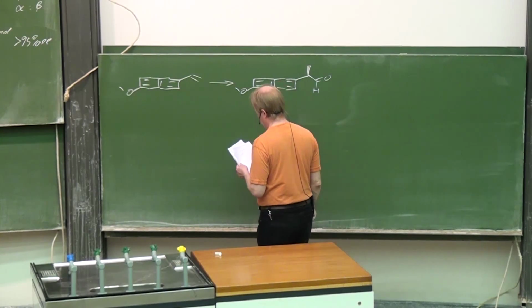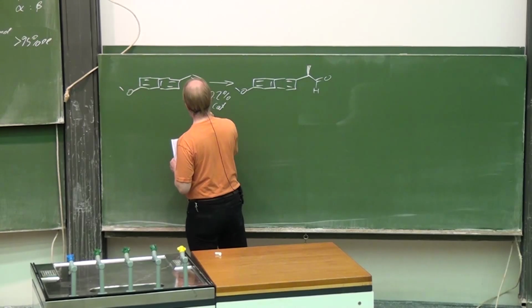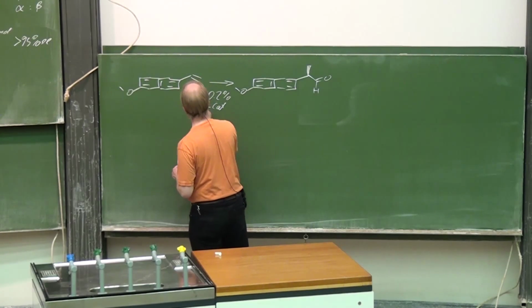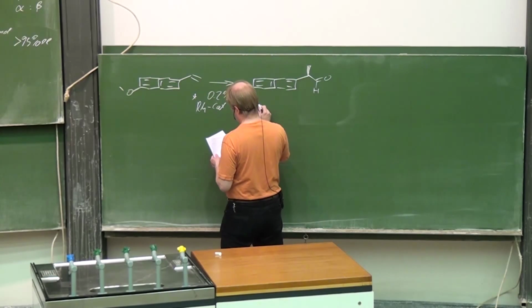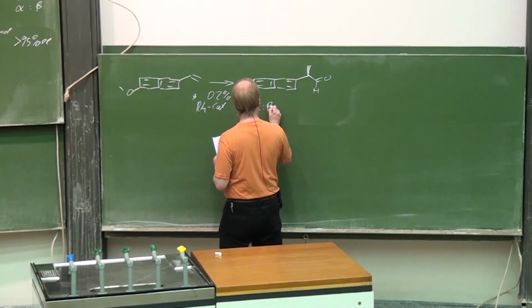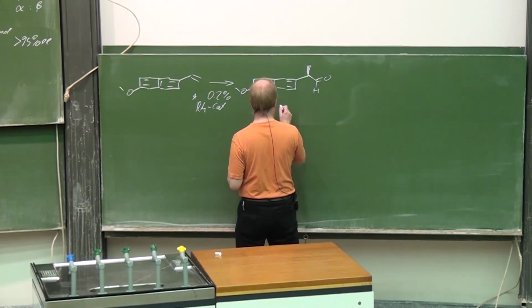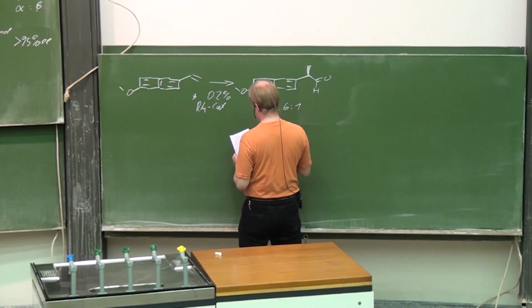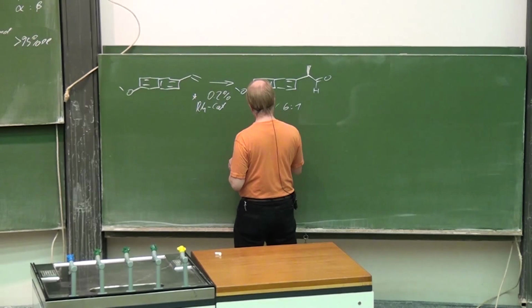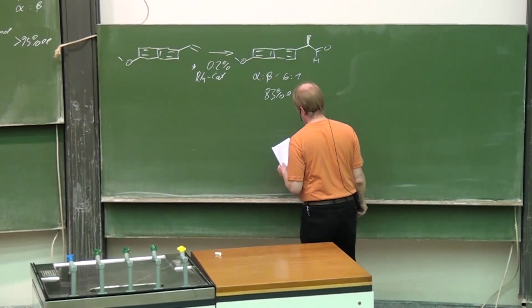Getting to this aldehyde, well, 0.2% a chiral rhodium catalyst. The regioselectivity is a bit worse, or clearly worse than that. It was just 6:1 and 83% enantiomeric excess.